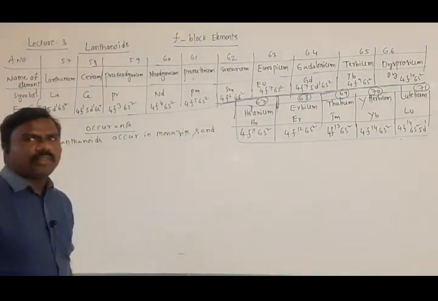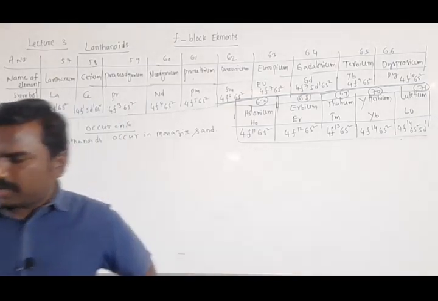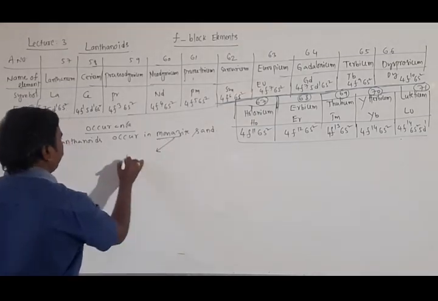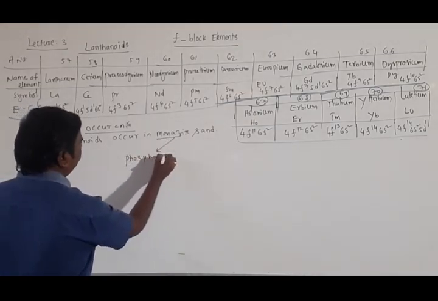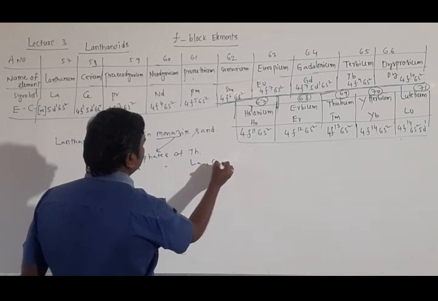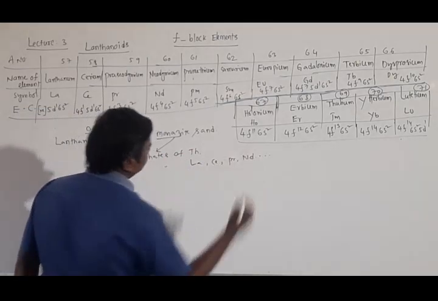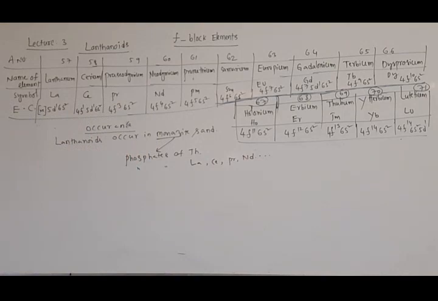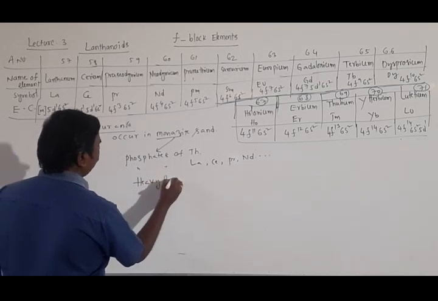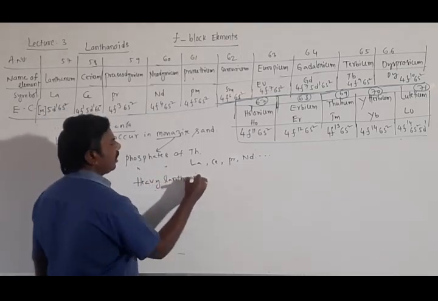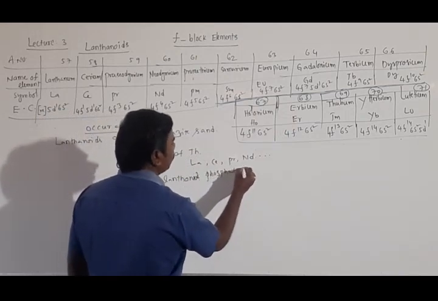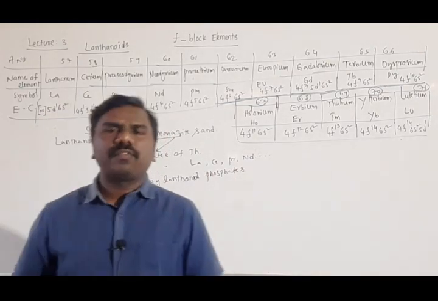It contains phosphates of thorium, and phosphates of lanthanum, cerium, praseodymium, neodymium, etc. And also heavy lanthanoid phosphates. Heavy means the last ones, students, like ytterbium. So it is a mixture in which we get lanthanoids as phosphates.